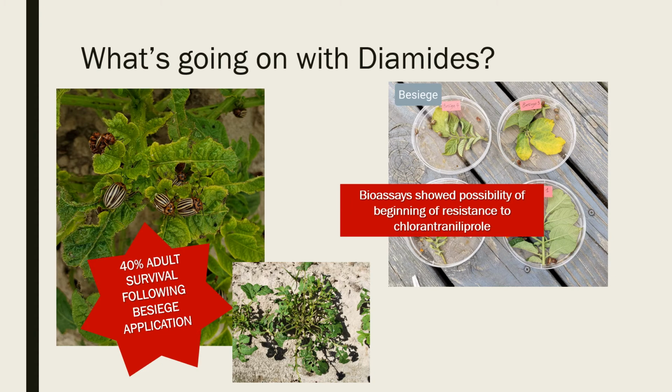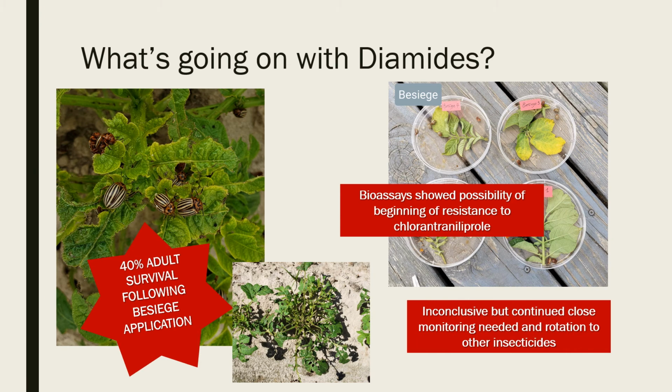I conducted bioassays with beetles that were collected from the field and put them on foliage treated with Coragen, and there was indeed, with the Besiege, some survivability. However, when I took the eggs and hatched them into larvae and put Besiege on the larvae, there seemed to be complete mortality.